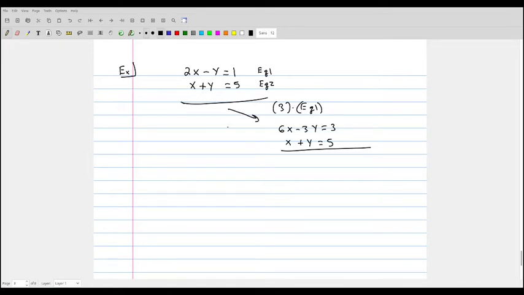So the first thing I can do is multiply both sides of any equation by a constant, and it remains unchanged.